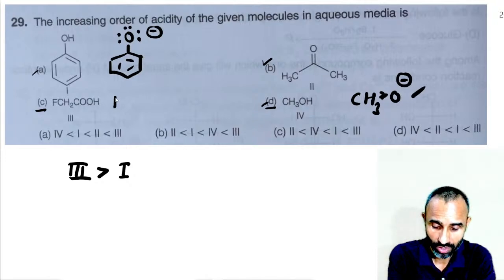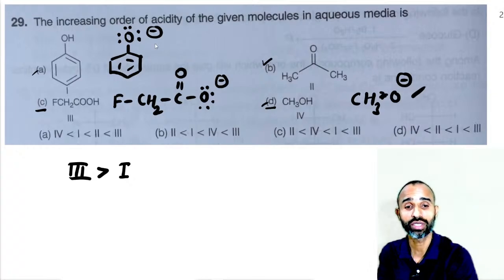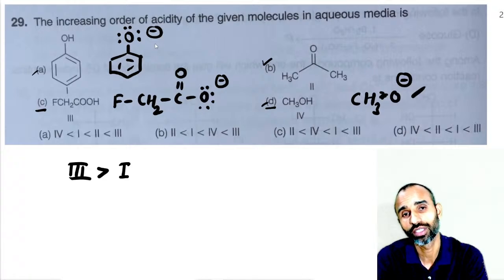And in the case of fluoroacetic acid, the carboxylate ion is resonance stabilized, and the phenoxide ion is also resonance stabilized. So why is carboxylic acid more acidic than phenol?